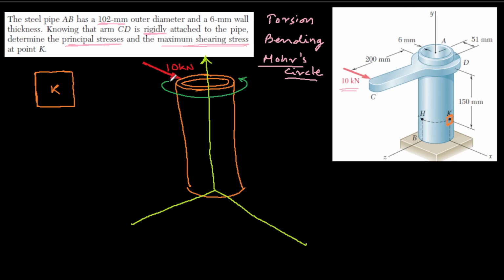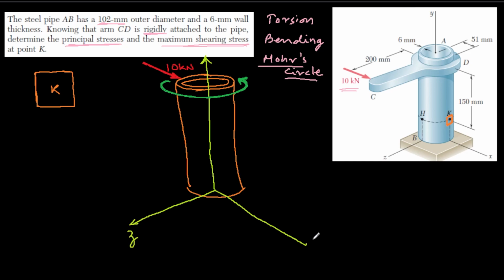So earlier also there was this torque. This force had two effects. One, it was trying to bend this pipe, and the other effect was that it was trying to twist it. For some students it is very intuitive to think about the torsion but not about the bending, so be sure you understand that both things are happening.